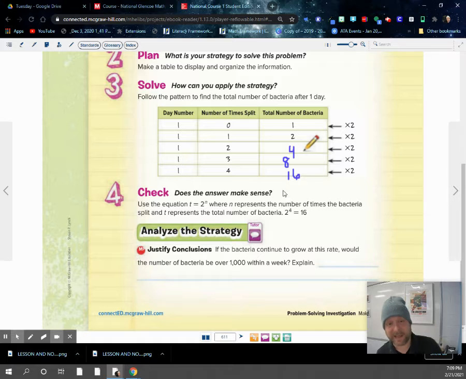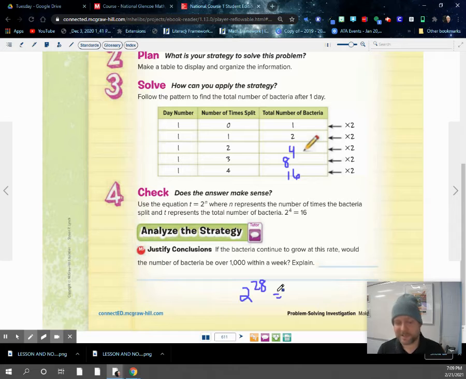And I would need an exponent solving calculator, but I could do that. Basically what I would do is 2, and then I need to know the number of times that would be splitting in a week. So if it splits 4 times a day, and there are 7 days in a week, well, 4 times 7 would be 28. So it would be 2 to the 28th power.